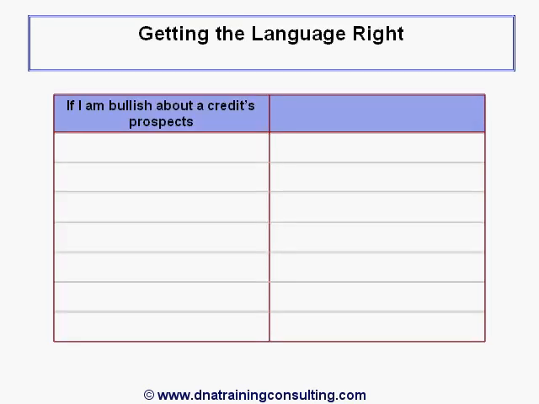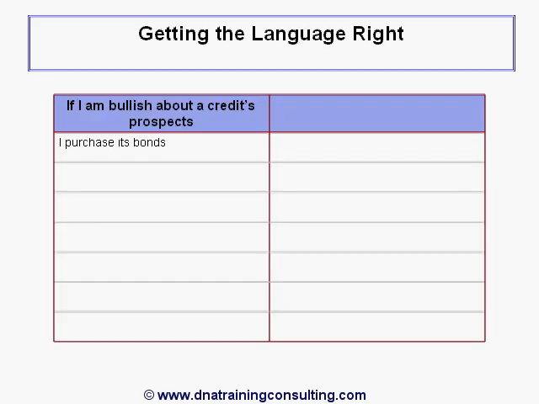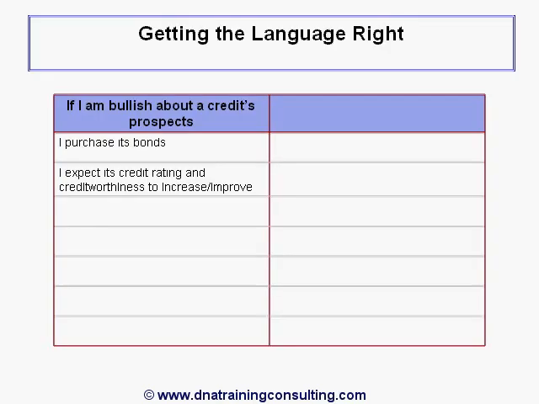Thus, if I am bullish about a credit's prospects, I would purchase its bonds. I would expect its credit rating and creditworthiness to increase or improve.